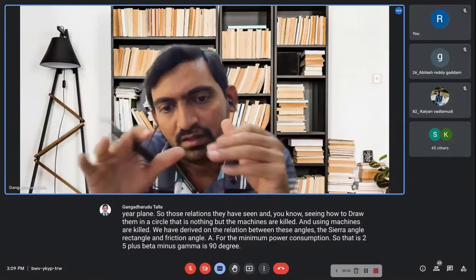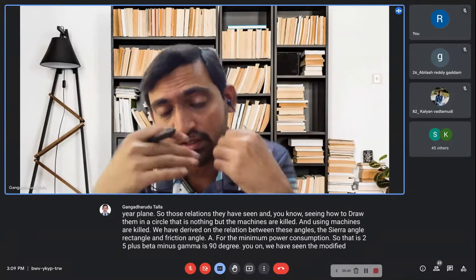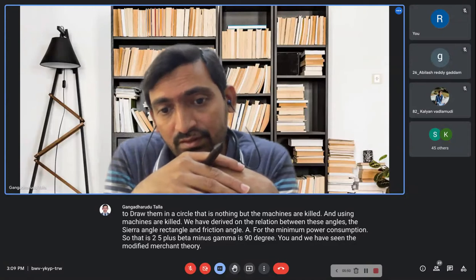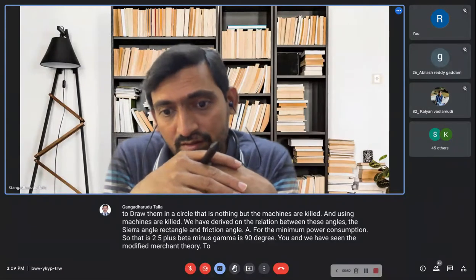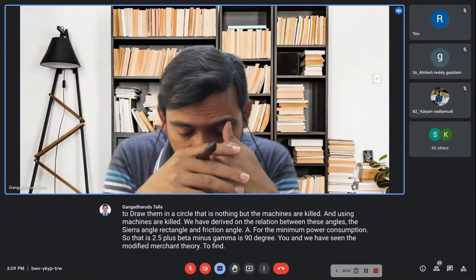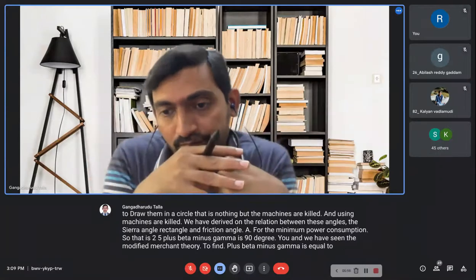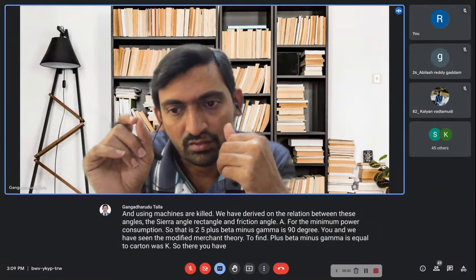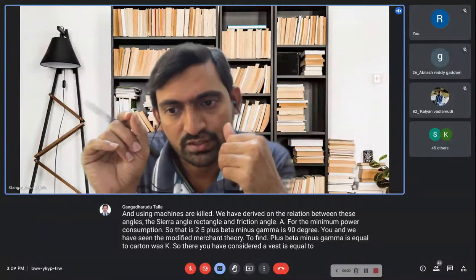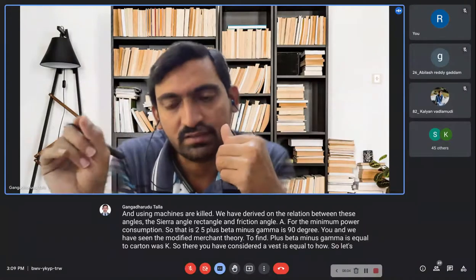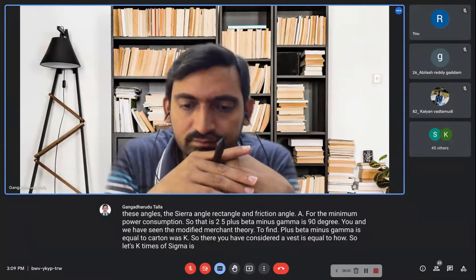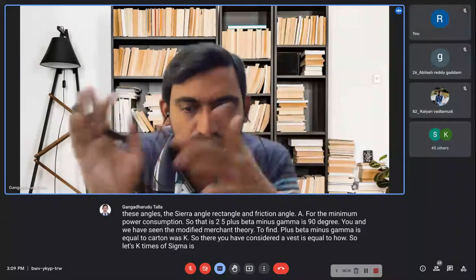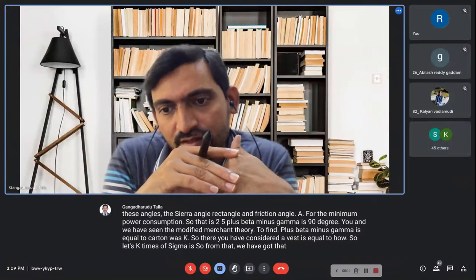And we have seen the modified Merchant theory: 2 phi plus beta minus gamma is equal to cot inverse k. There you have considered tau s is equal to tau s0 plus k times sigma s. So from that you have got that relation.